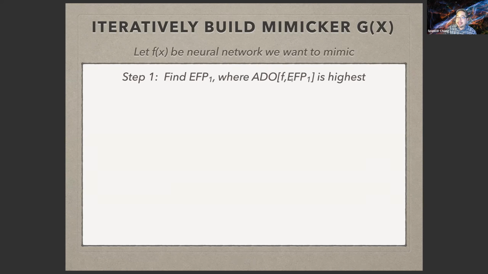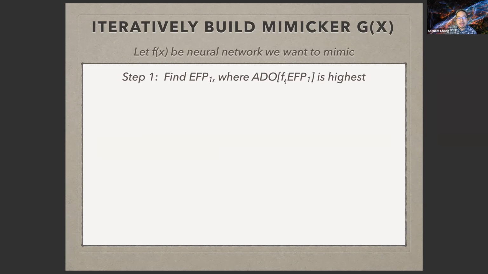So you can define not a neural network, but a decision that depends on the EFP. This is a very linear approach. It's just asking whether EFP1 correlates with how f wants to order things or not. So I'm just finding the linear correlation with f that works the best.